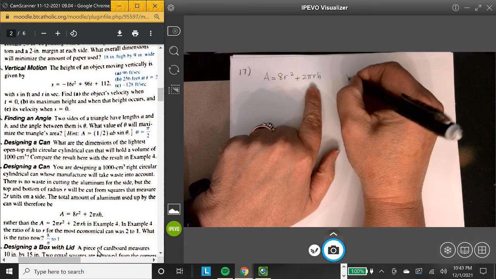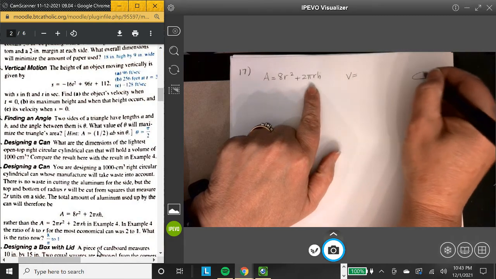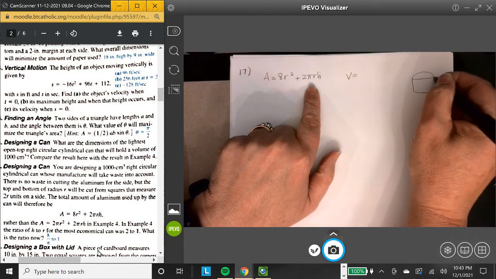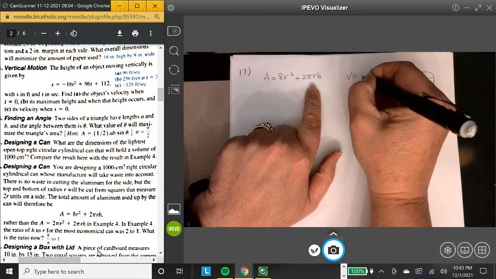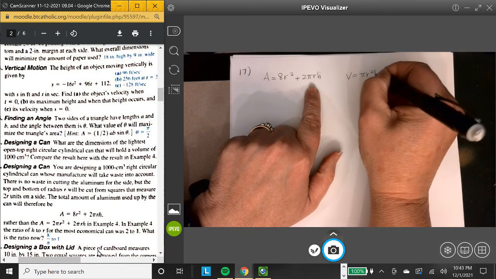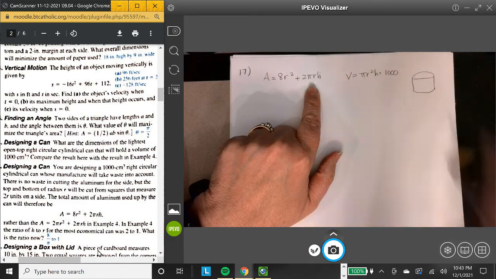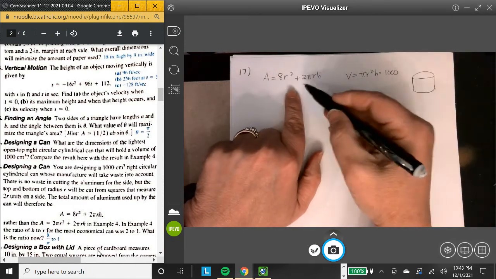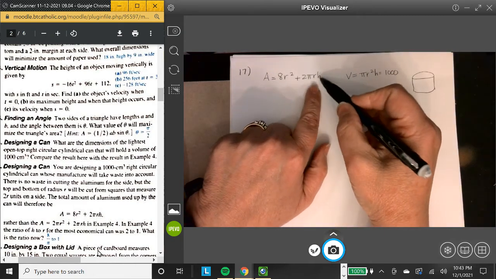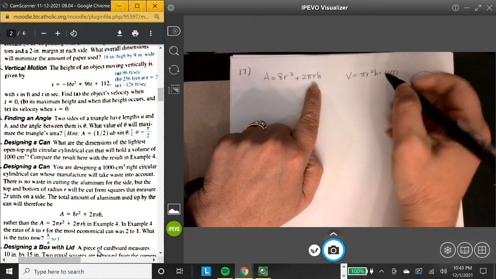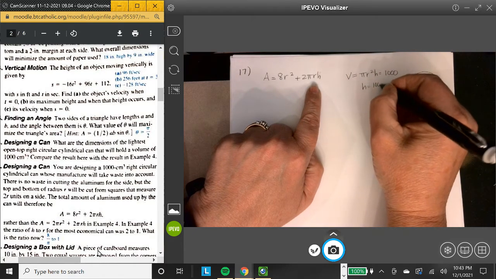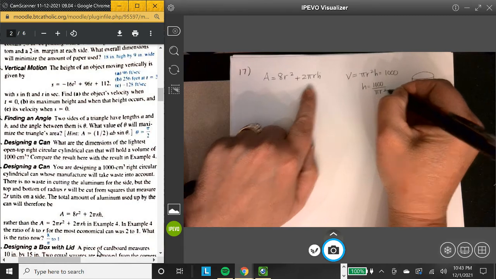Now, they told us the volume of this same cylindrical thing is what? Pi R squared H, but they tell us again it's 1,000. So I'm going to do the same thing and solve for H because I don't have to square it or anything when I plug it in here. So we're going to let H equal 1,000 over pi R squared, and we're going to substitute in.